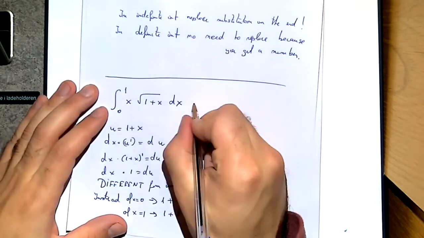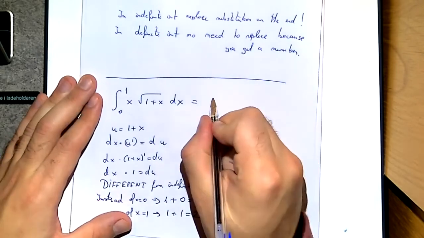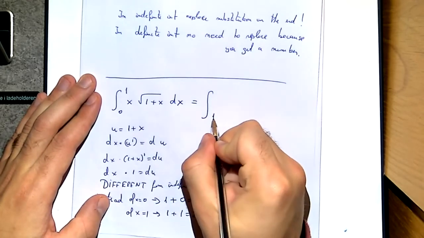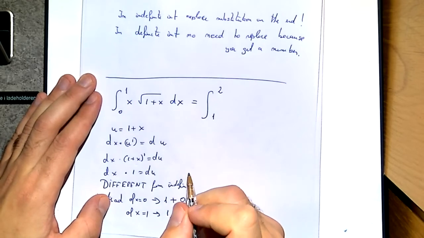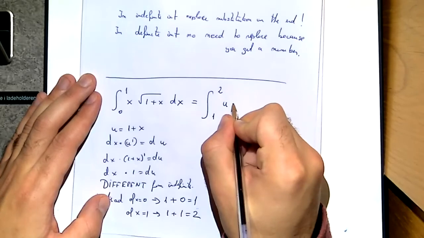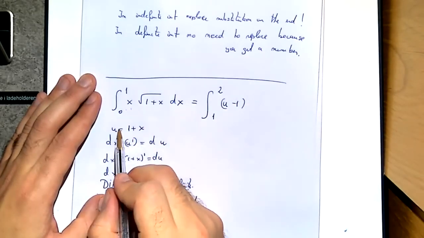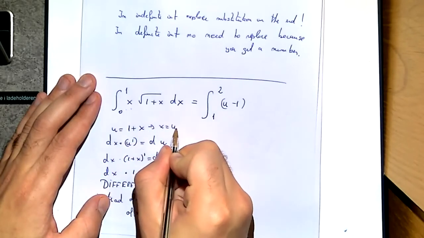So this is just equal to exactly what I wrote previously. I could even copy myself. The integral, again, my limits of integration change, 1 to 2. And it's the same exact thing: u minus 1, because if u is equal to 1 plus x, then x is just equal to u minus 1.